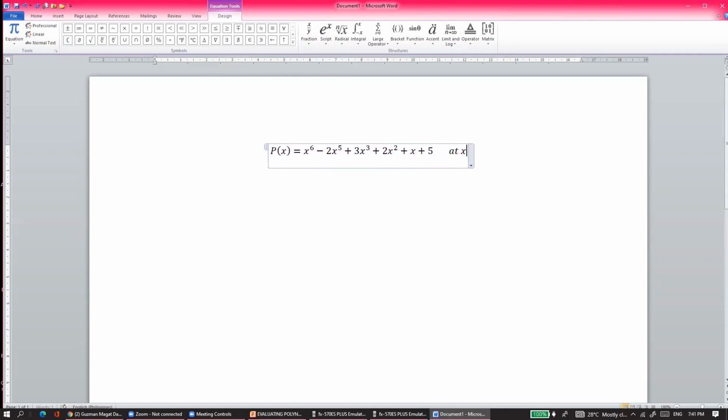Sabi dito, at x is equal to 1 lang kunwari. So ito yung ating polynomial function. Lakihan ko lang siya, anak, para klaro.